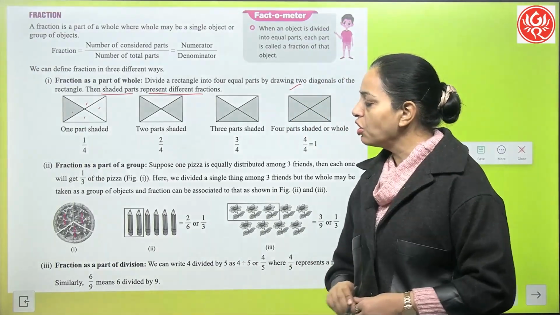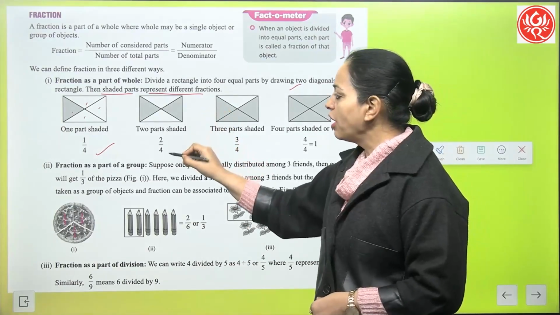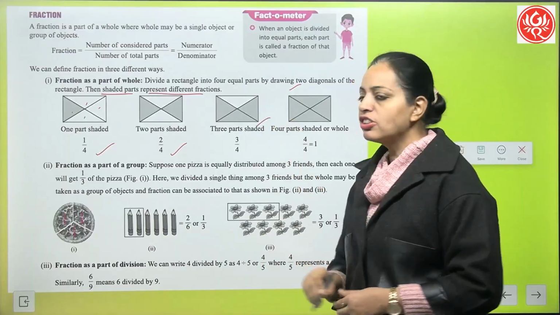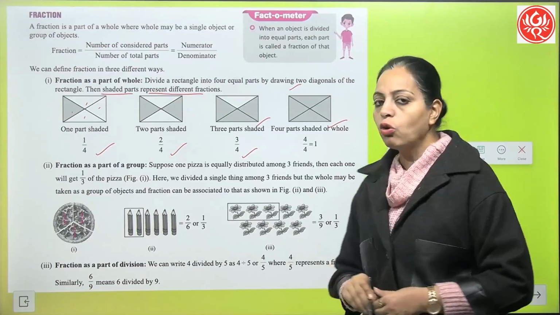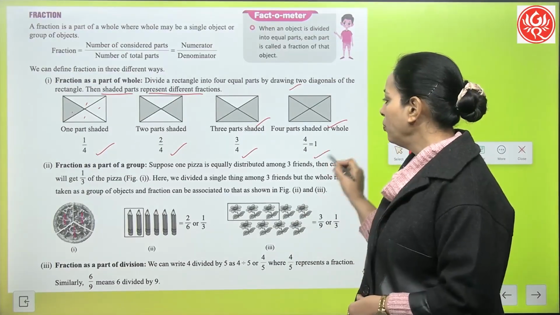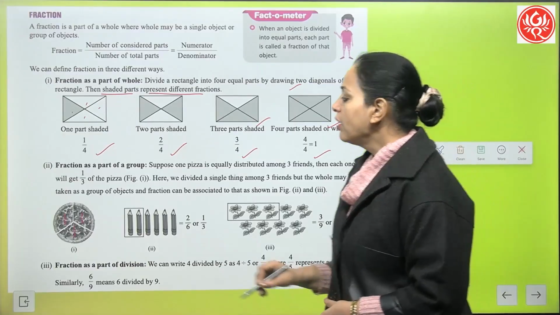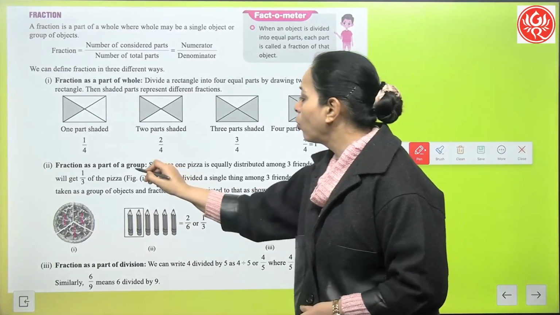Now one part is shaded, it becomes 1/4. 2 parts shaded, 2 out of 4, 2/4. 3 parts shaded, 3 out of 4, 3/4. And 4 parts shaded or whole means 4/4 equals 1. Okay. Now the second one, fraction as a part of a group.